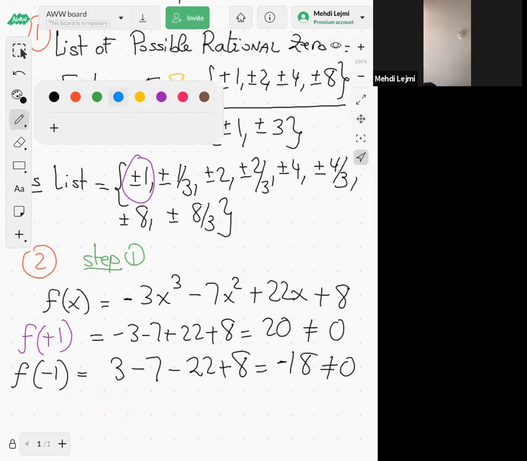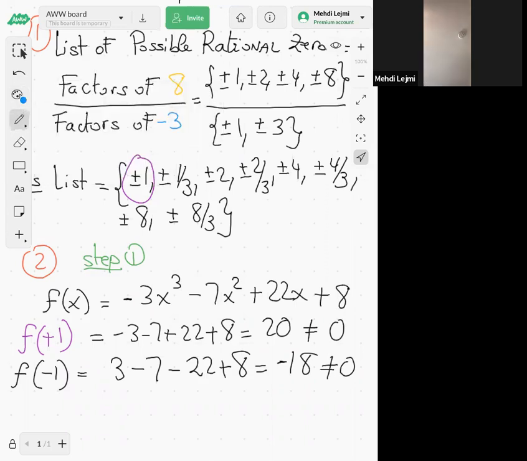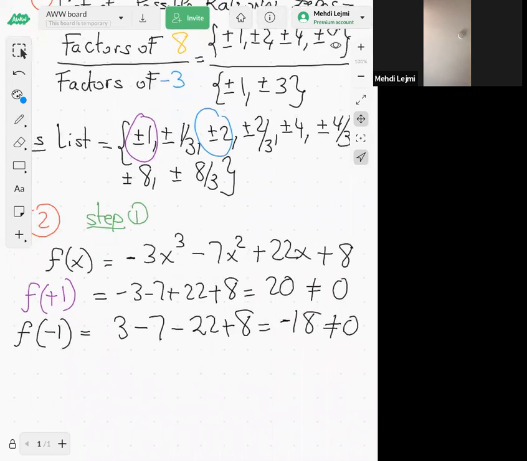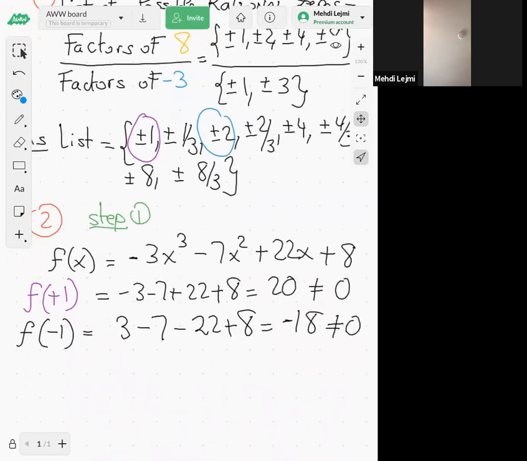As I said, guys, the next number in the list would be the fraction 1/3. But because whole numbers are easier to check than fractions, instead of checking 1/3, I'm going to check plus or minus 2. So let's check positive 2. f of positive 2 is negative 3 times 2 cubed minus 7 times 2 squared plus 22 times 2 plus 8.